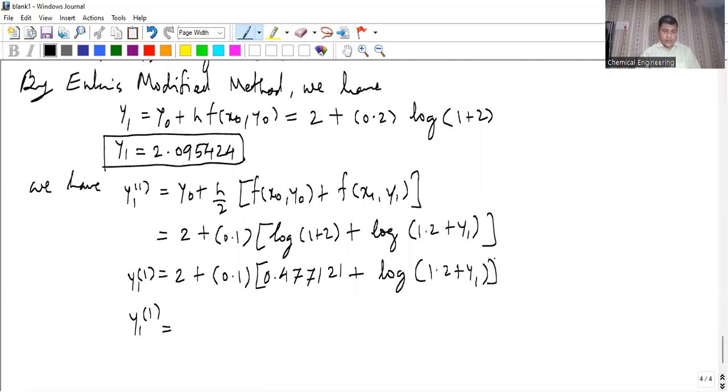So you can get this as 2 plus 0.1 times 0.477121 plus log of 1.2 plus y1. Please close the brackets properly, and this is going to be 2.095424. So what is the value you are getting?